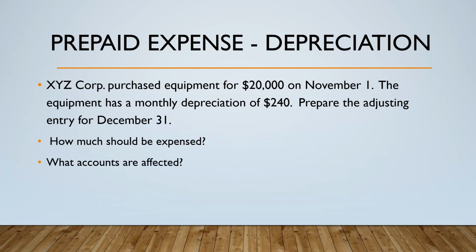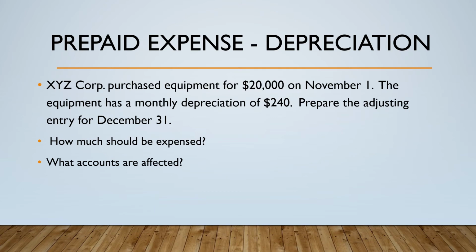Next, we need to look at what accounts are affected here. And so we do have some new accounts that we're looking at. And those new accounts, we would have depreciation expense would be the expense account. And that's going to be the income statement account. Now remember, we have to have one balance sheet account and one income statement account. So if depreciation expense is our income statement account, our balance sheet account is going to be a new account called accumulated depreciation.